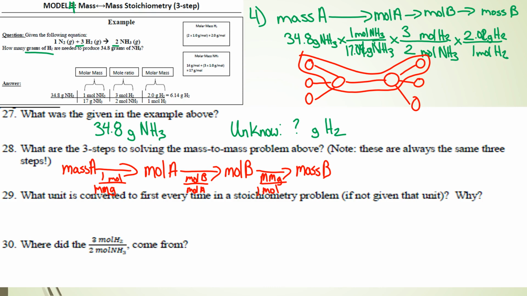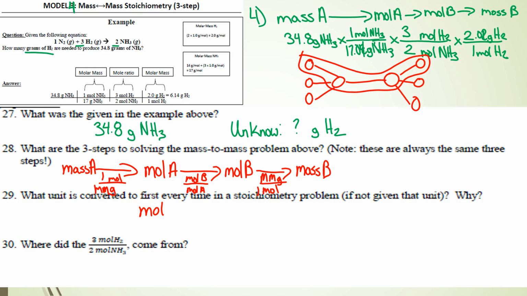All right. So now, in any type of stoichiometry problem, what unit do we need to get to first? What's the first unit we always have to be in? We must be in moles first.